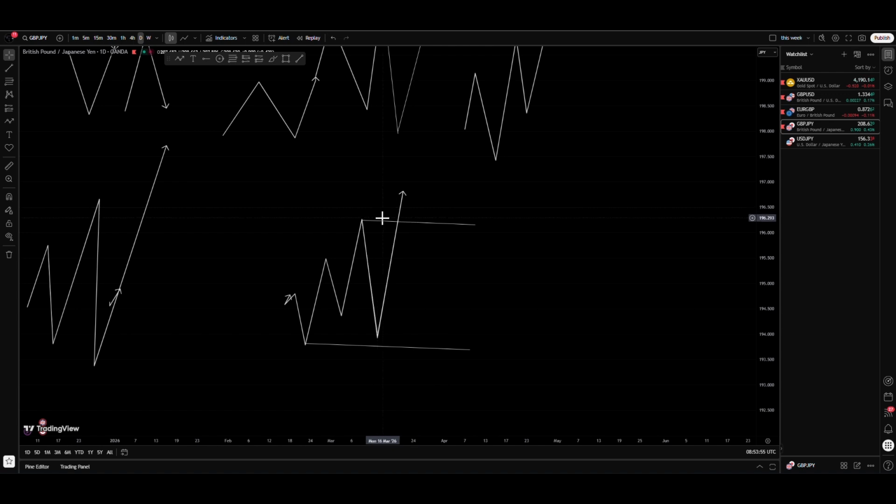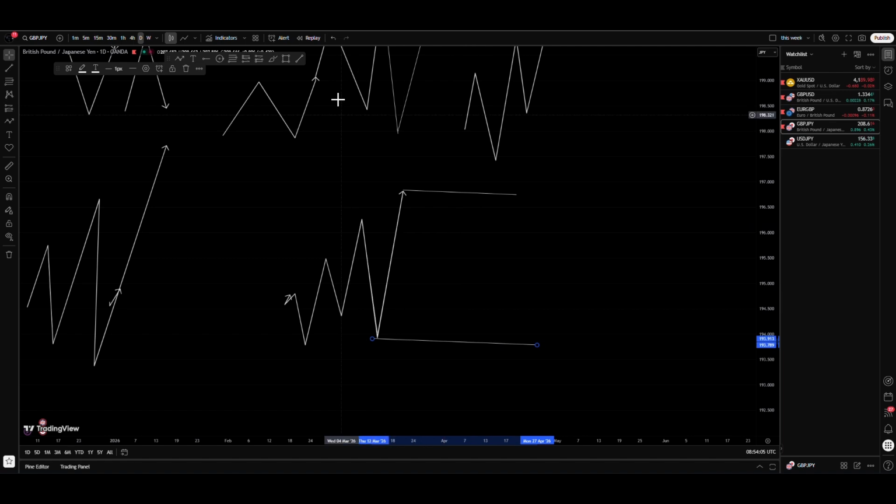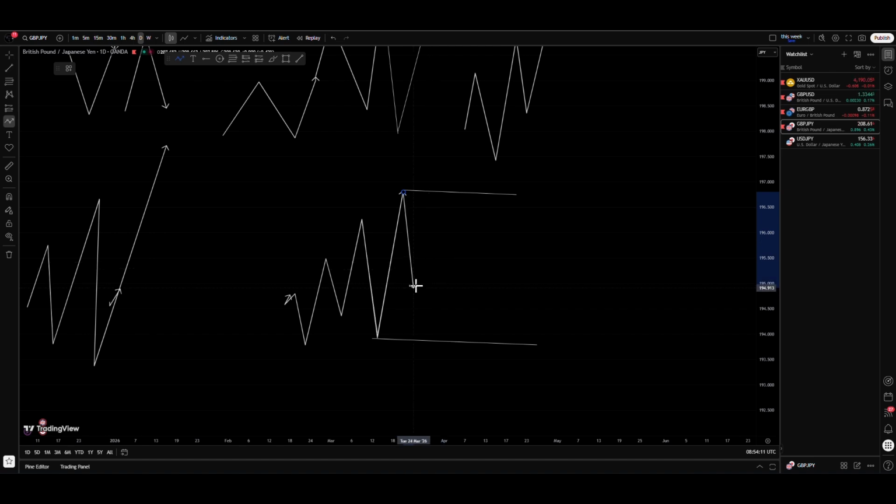Look, this is what I'm talking about now. After that is formed, this is what you get to see, right? That's your swing. So what do you look for? Wait for the B to be formed. Once that B is formed, it can be formed in any way, however it presents itself.